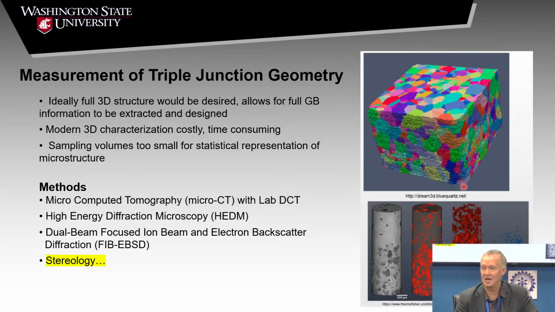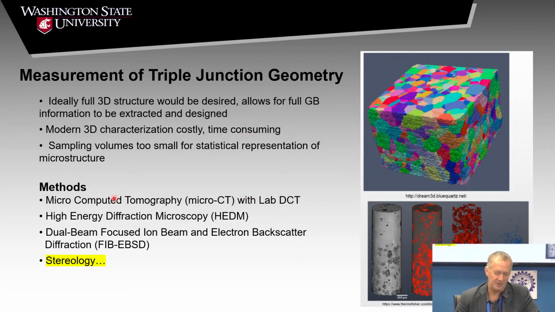You could do a 100 by 100 by 100 micron cube with your standard gallium ion FIB dual beam system. You get cool data, but you're not going to get 1 million triple junctions, right? You might get 1,000, right? If you spend a lot of weekends and do that, then maybe you'll get several thousand, okay?